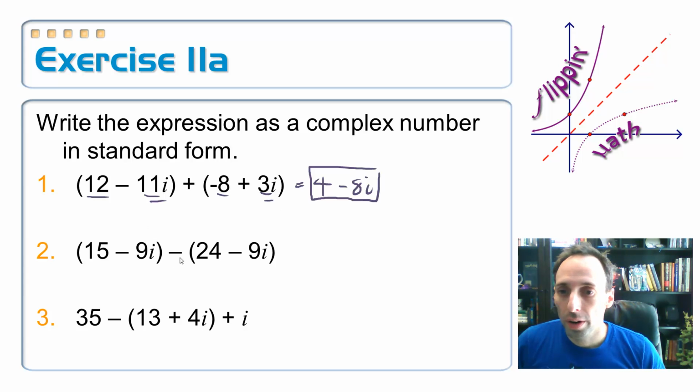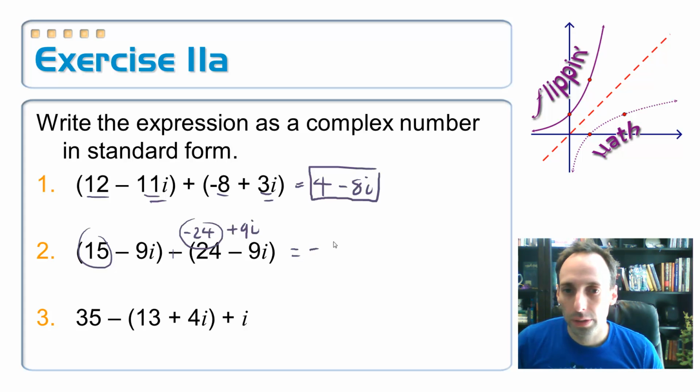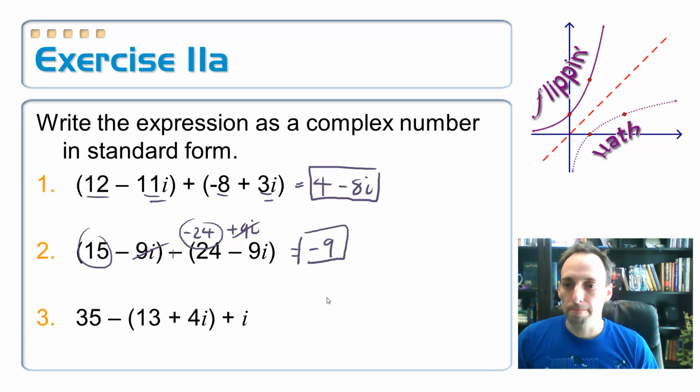Okay, on number 2, I have a subtraction sign, so I'm just going to distribute this through, so negative 24 plus 9i. Now my real parts, 15 and the negative 24 gives me negative 9. And negative 9 and positive 9i, they cancel out. So there it is, just negative 9.